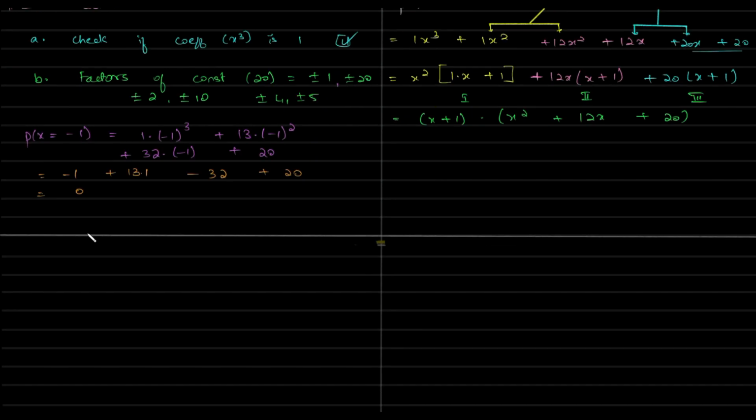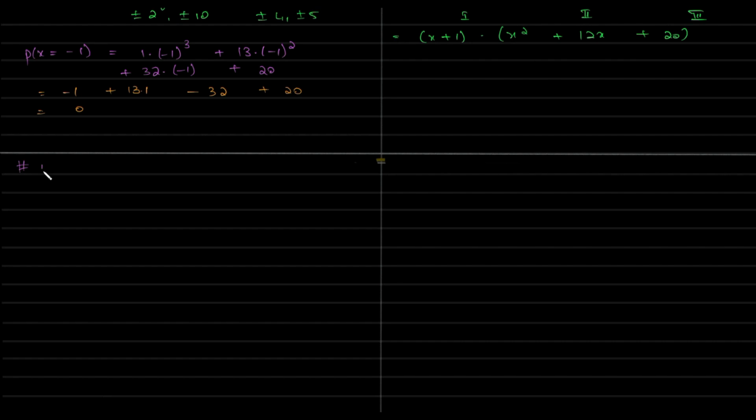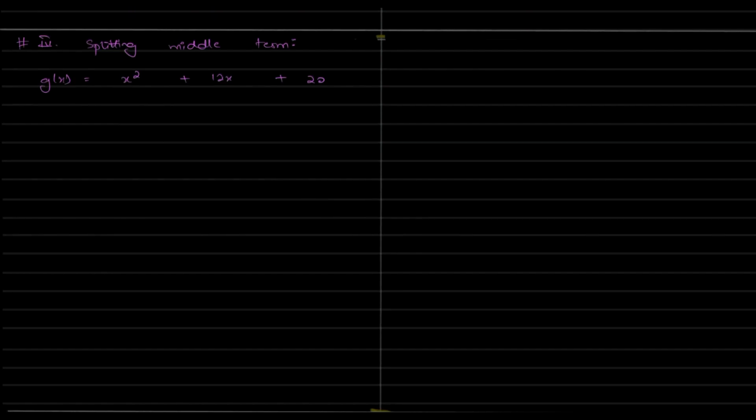So the next step, the fourth step, is splitting the middle term of g of x, which is equal to x square plus 12x plus 20. So now what do we need?